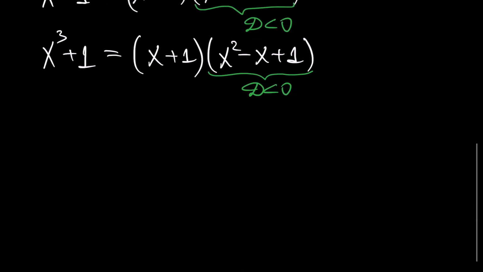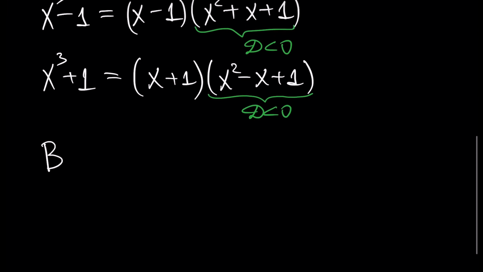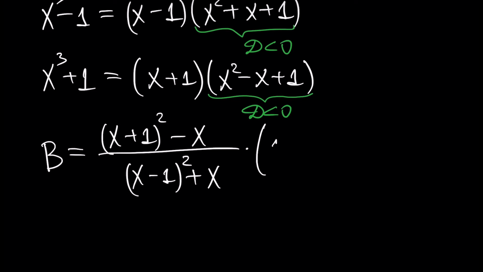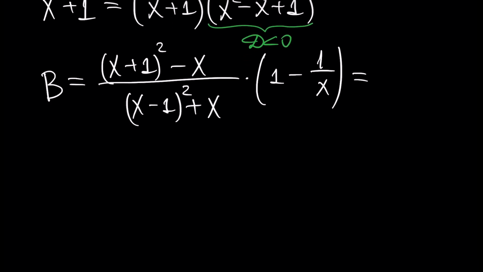If we rewrite our b, it will be equal to ((x + 1)^2 - x) divided by ((x - 1)^2 + x) times (1 - 1/x). Here, using shortcut multiplication formulas, we can rewrite this numerator and this denominator.